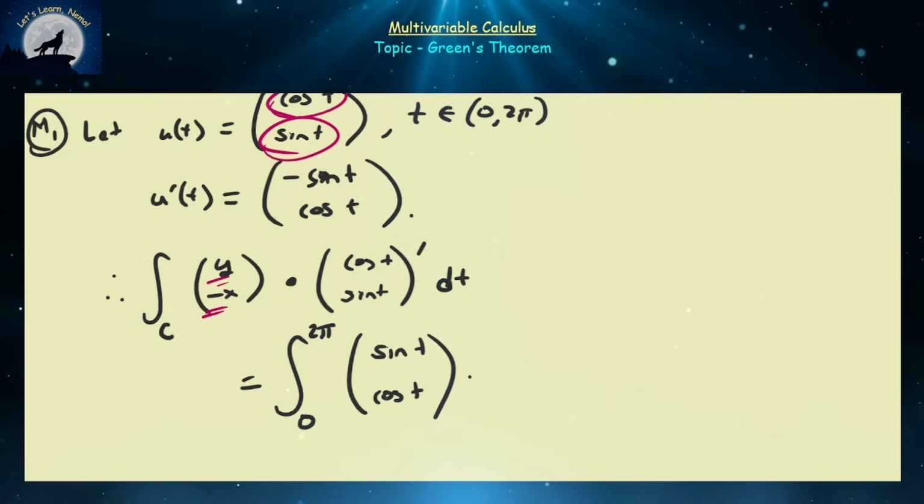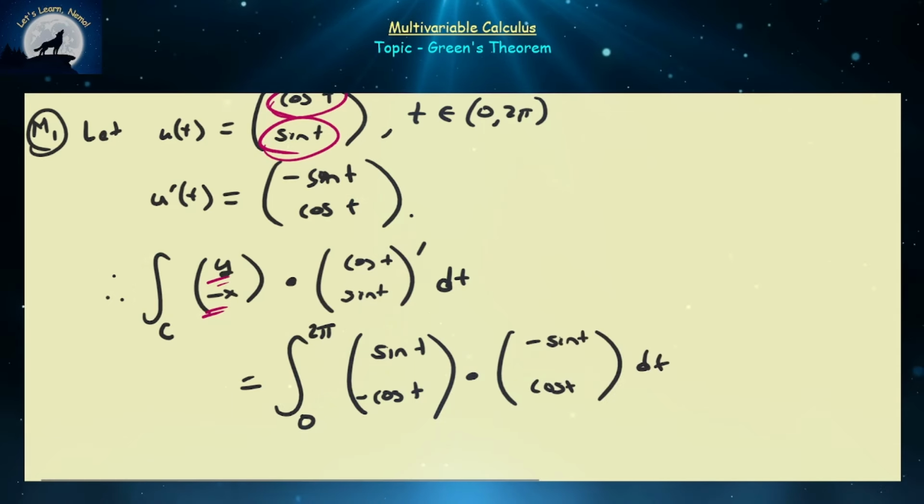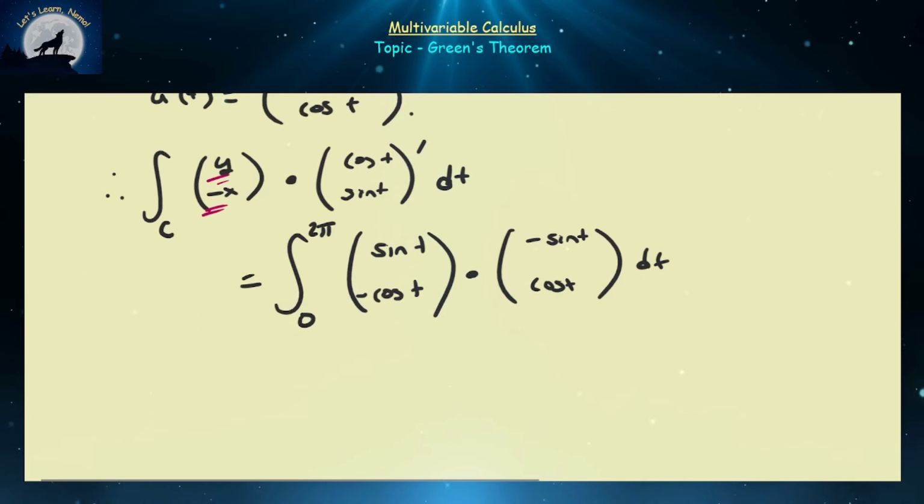And then we're going to have the derivative of our function. And what's that going to be? And let's not make any silly mistakes here. That's going to be (minus sine of t, cosine of t) dt. And then that's going to be equal to minus sine squared minus cosine squared, which is the same as minus (sine squared plus cosine squared), which is going to be equal to minus 1.